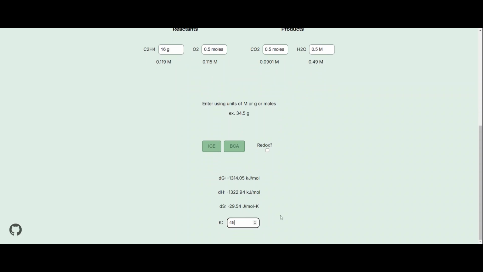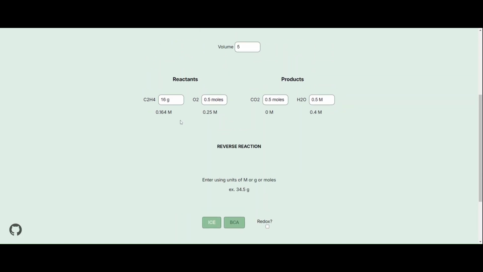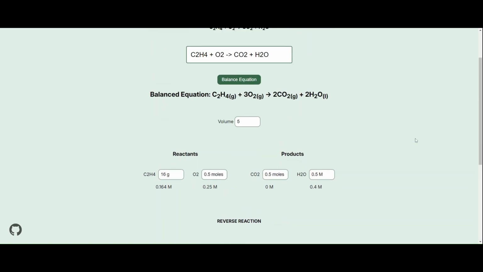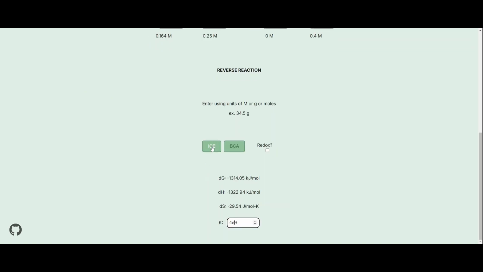And also, if we make the K value a little bit smaller, for example, 4e-9, which is equal to 4 times 10 to the power of negative 9, we get a reverse reaction, like such. Now also, on another note, if we make the K value extremely large or extremely small, the calculator will assume that the reaction goes to completion when it reaches equilibrium.